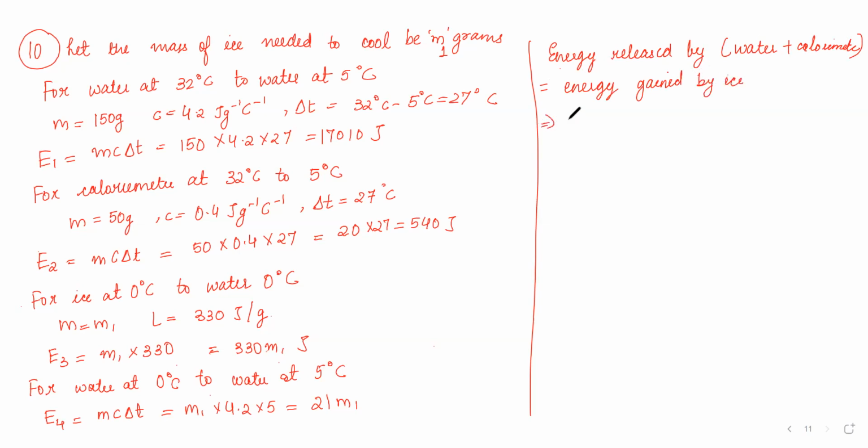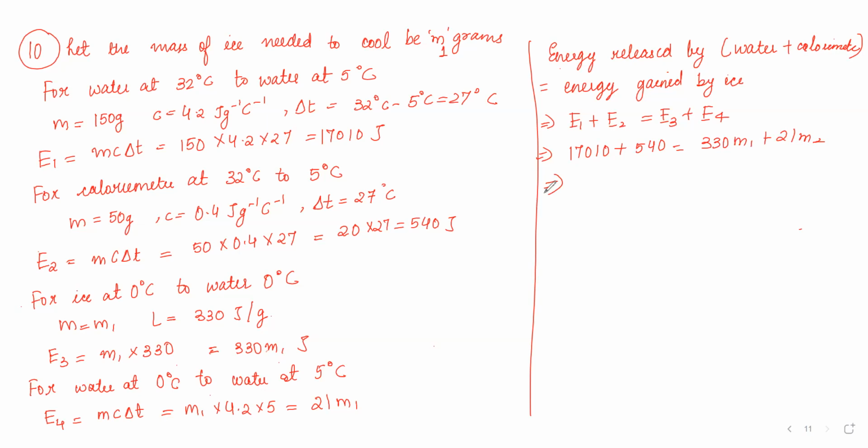Okay, so this implies E1 plus E2 is equal to E3 plus E4. So how much is this? 17010 plus 540 is equal to 330 m1 plus 21 m1. Okay, so we'll just add this up.